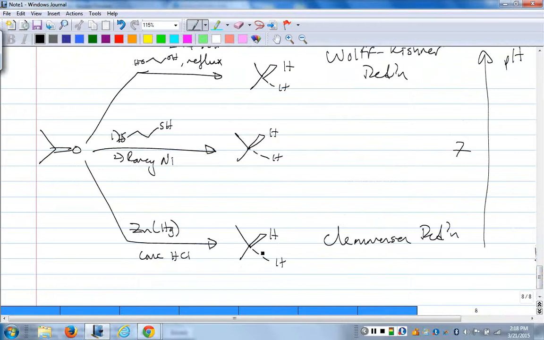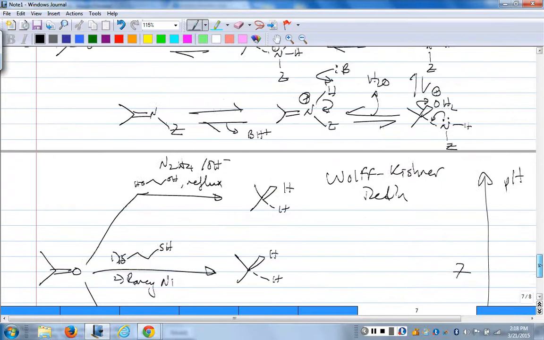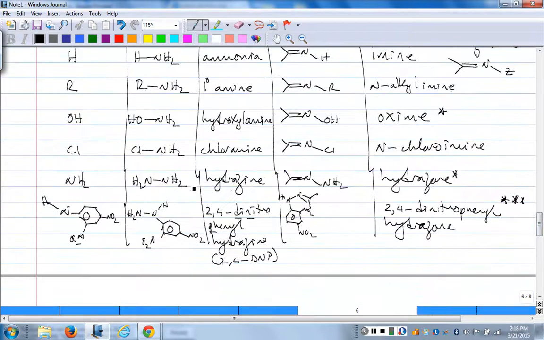You are not responsible for the mechanism of the Clemmensen reduction either, but you are responsible for the mechanism of the Wolff-Kishner reduction. You would notice the reagent for the Wolff-Kishner is hydrazine, which is one of our Z NH2s.